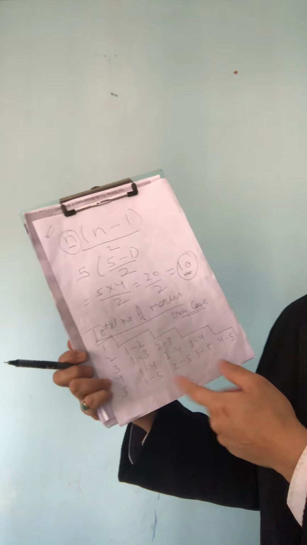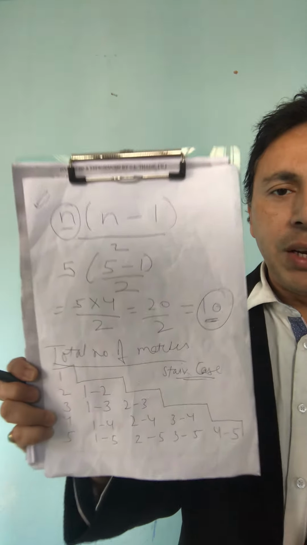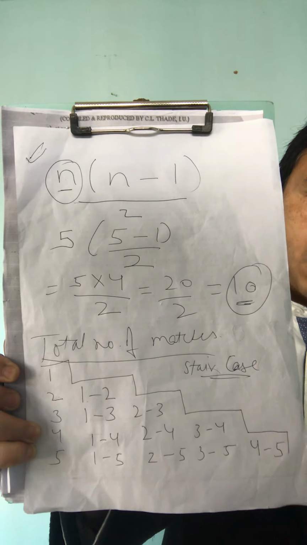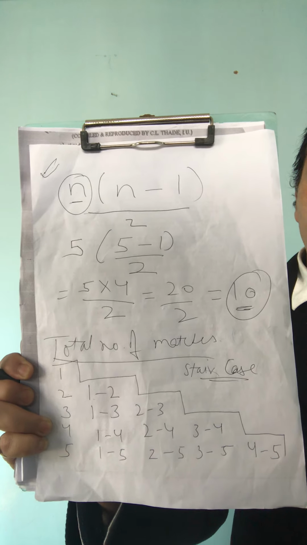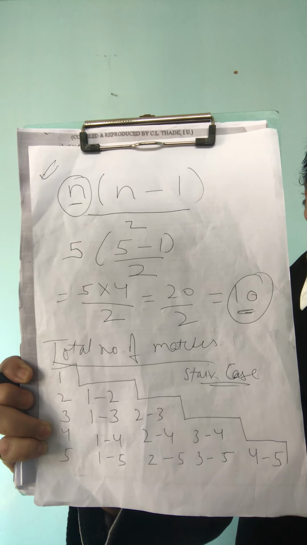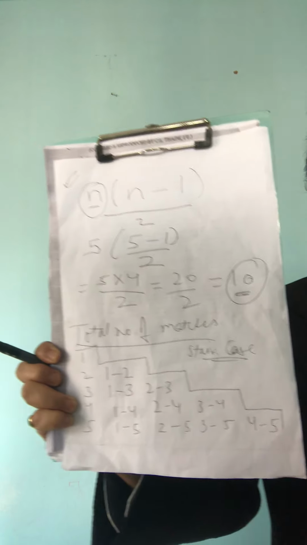The team or the player, it can be 4, it can be 5, the team who won the maximum matches will be the winner. So please note it down. You can take a photograph also. n(n-1)/2 is the formula, and this is the way to make the league tournament.